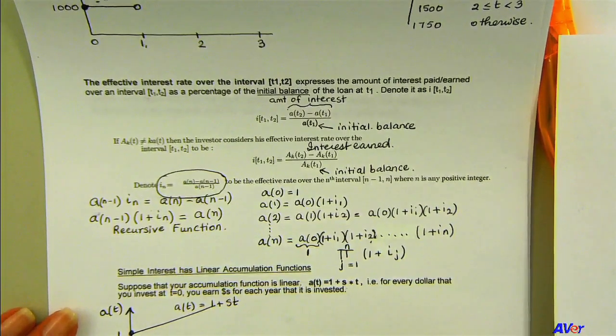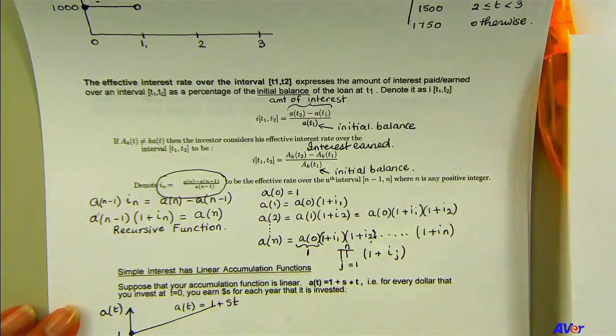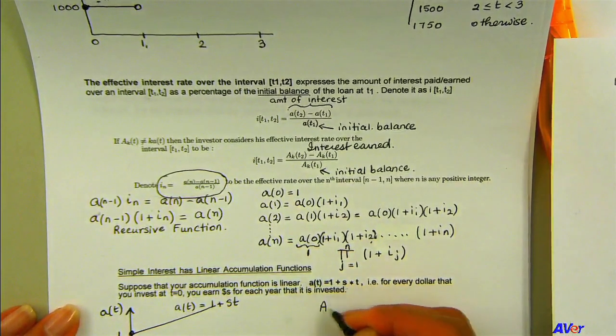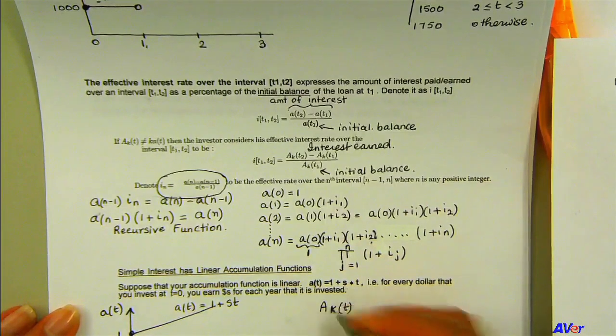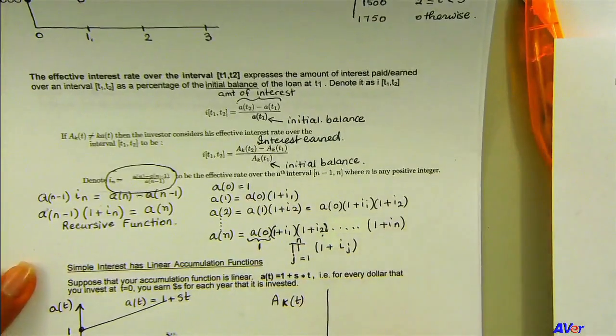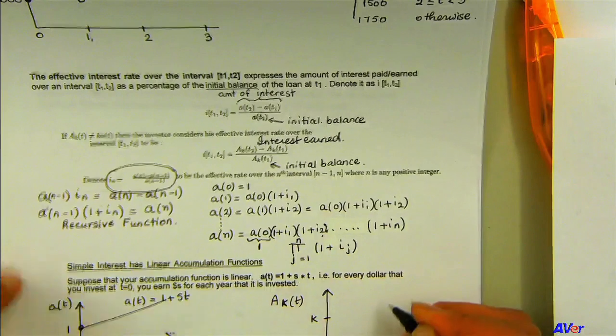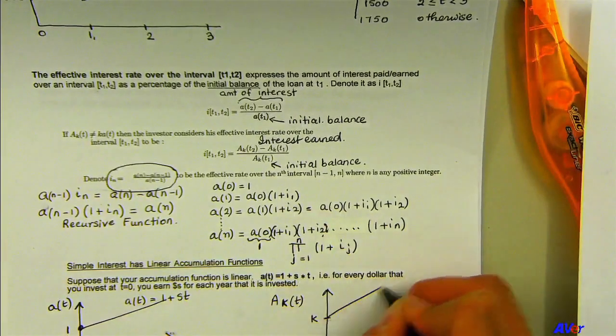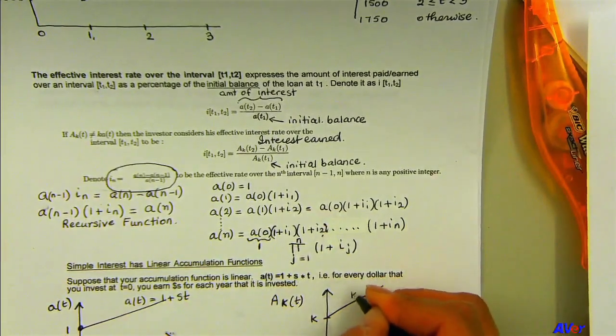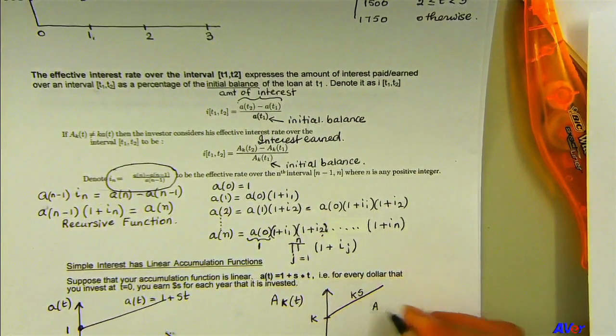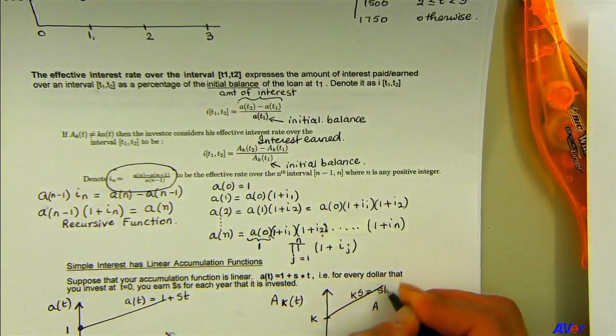And if I wanted to draw a k of t versus t, I would start at k. And the slope would be ks because ks equals the slope. Here, s equals the slope.